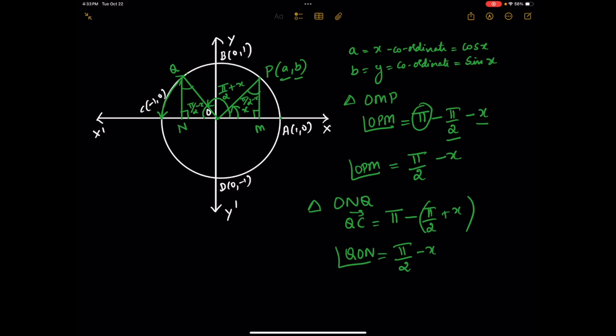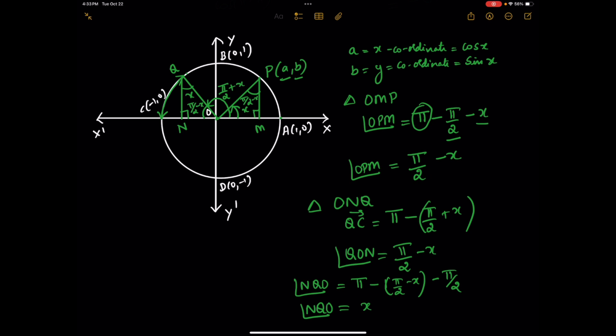And if this is pi by 2 minus x, what is the angle formed at Q? Let's find that out. So angle NQO is equal to pi minus pi by 2 minus x minus pi by 2. So this would be x. So angle NQO is x.